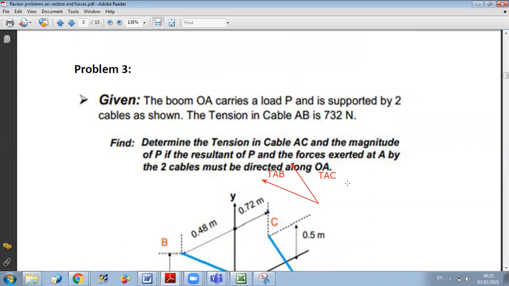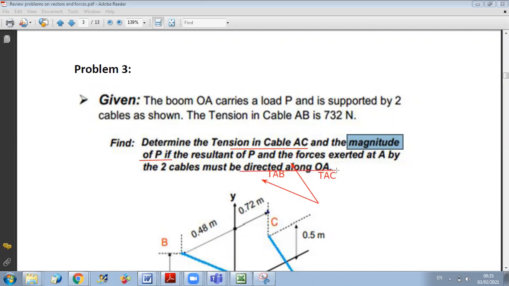And they gave me an additional information to find the tension in AC. They said that if the resultant, I have two unknowns. I have the tension in cable AC to find, and I have also the magnitude of P to find. So I have two unknowns, tension in cable AC and magnitude of P, in order to have, okay, the resultant of these forces along OA.